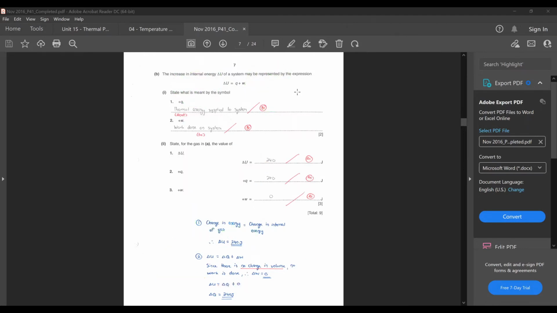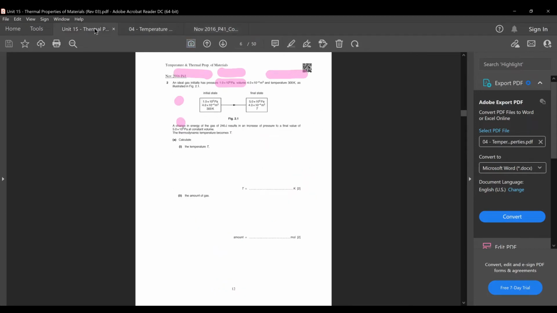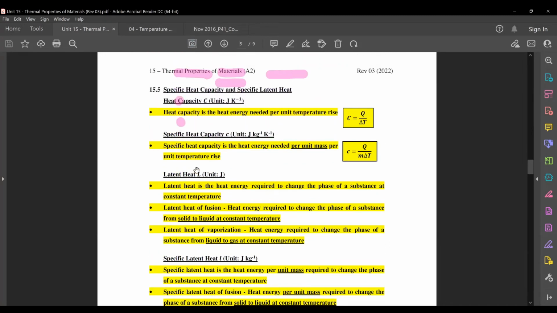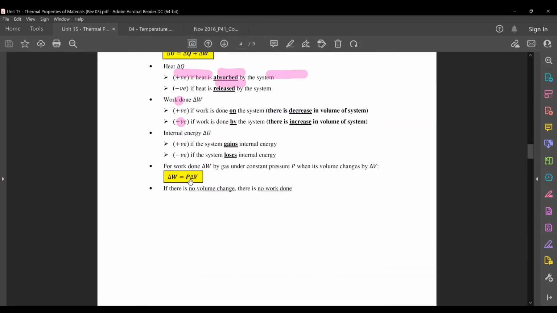Now they tell you that the increase in internal energy of a system can be represented by this expression where delta U is Q plus W. Now state what is meant by the symbol plus Q and plus W. So from what you can see here, in the notes, I mentioned to you, if you have positive Q, it is heat supplied to system.